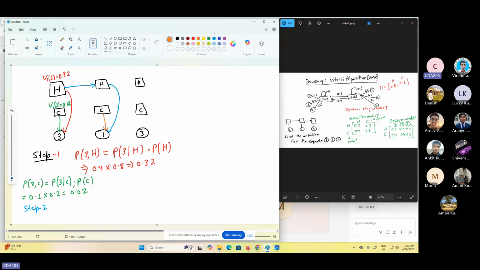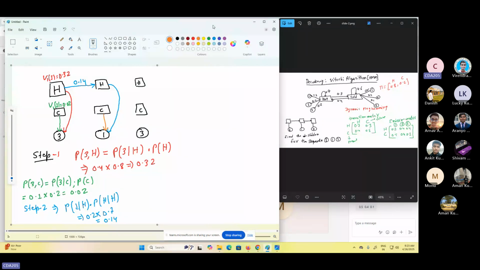So for step number 2, it will be P(1|H) into P(H to H). Its value will be 0.2 into 0.7, which is 0.14. Understood how 0.14 came?